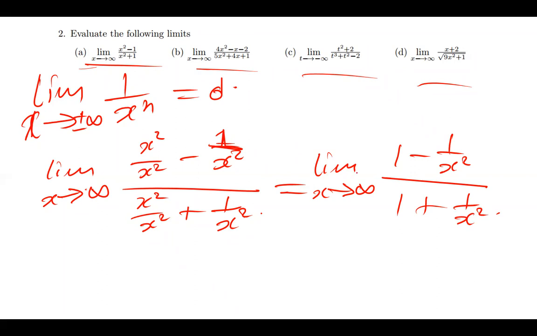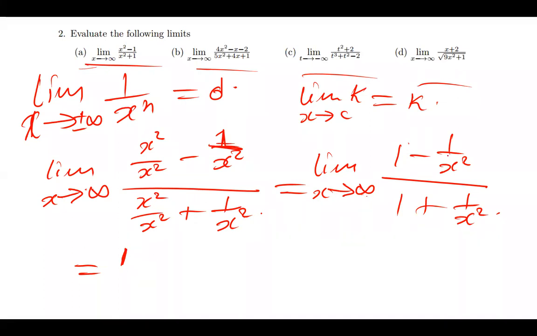So you can distribute this limit. The limit as x approaches infinity of 1 is simply 1. Remember what I said about constants: the limit of any constant k, when x approaches any number, which I'll call c, is simply that same constant. So the limit of 1 as x approaches infinity is 1.